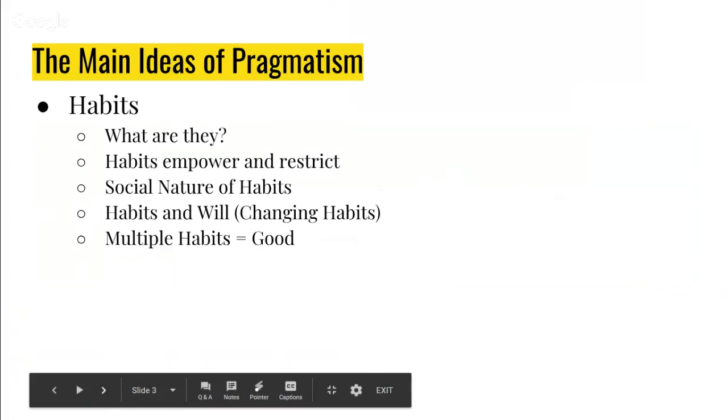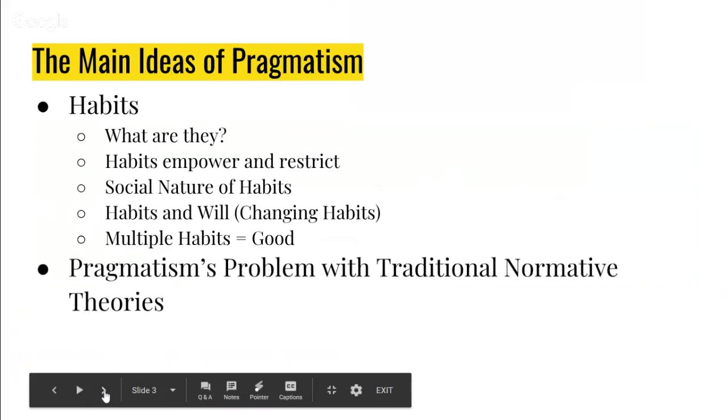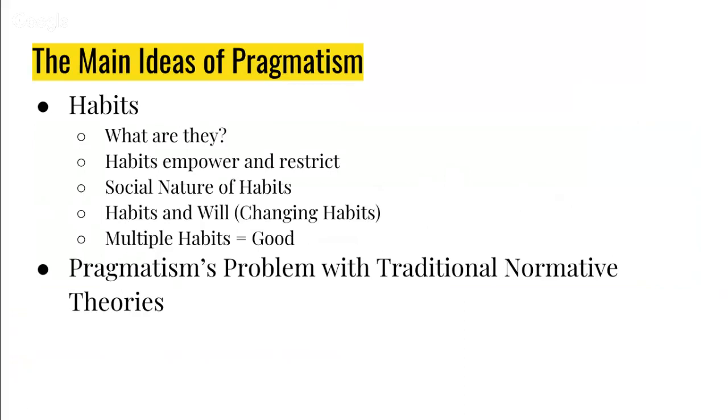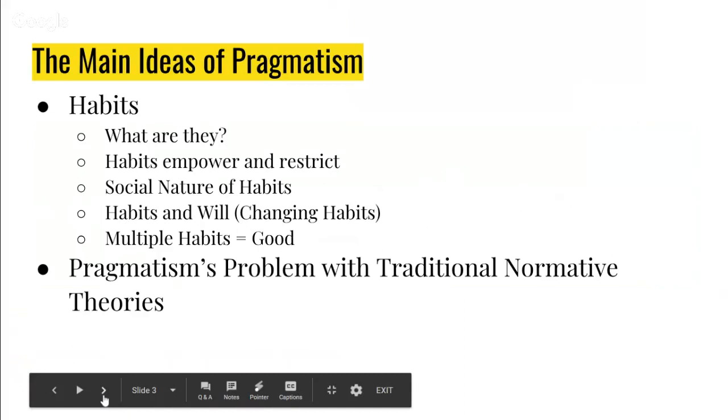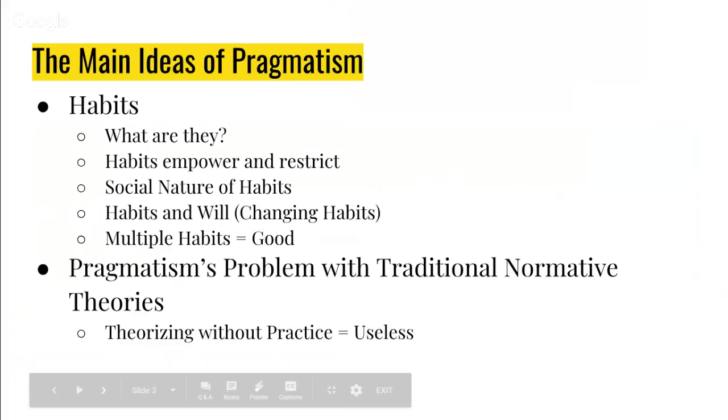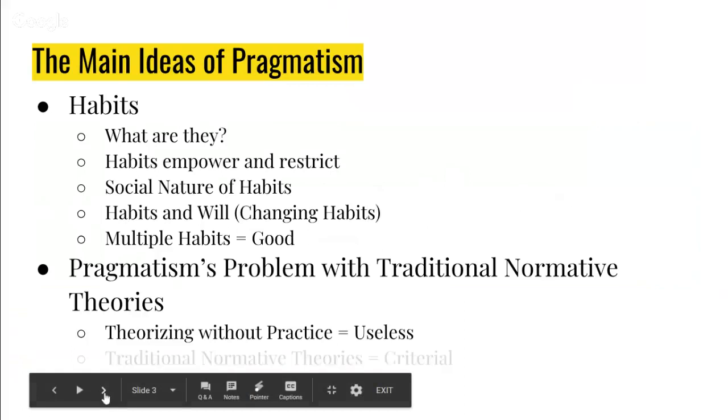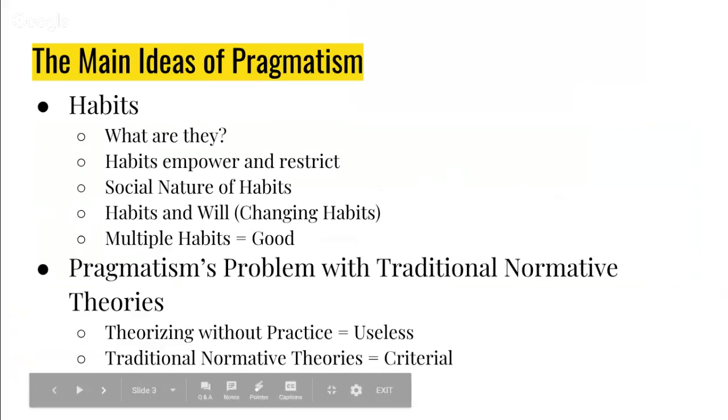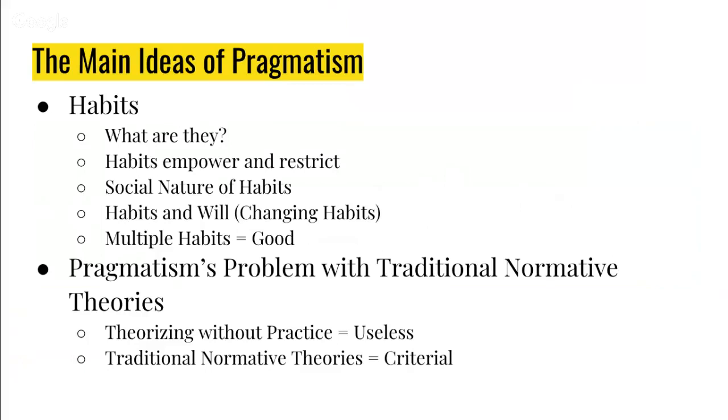Here is their problem with traditional normative theories. The pragmatists are going to say that traditional normative theories sit around and theorize without practice, which they say is useless, right? Related to that, they're saying that traditional normative theories are so criterial: if this, then that, right?